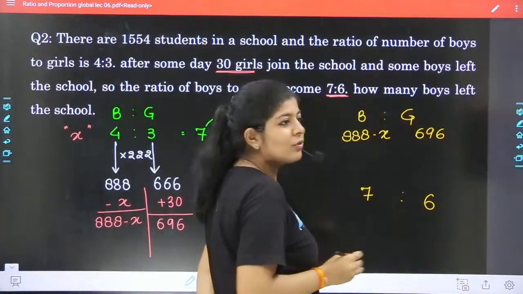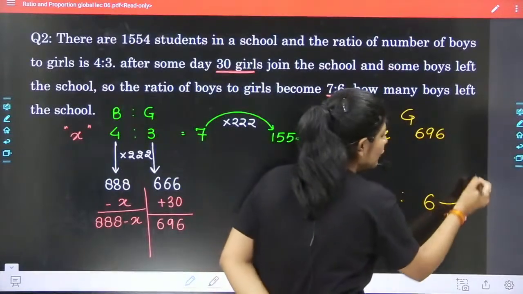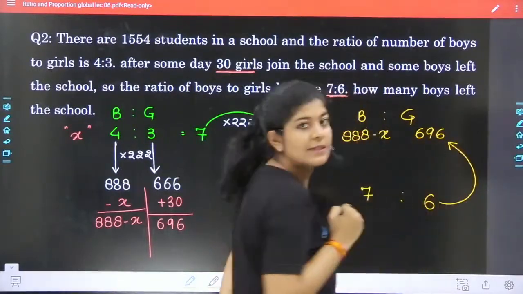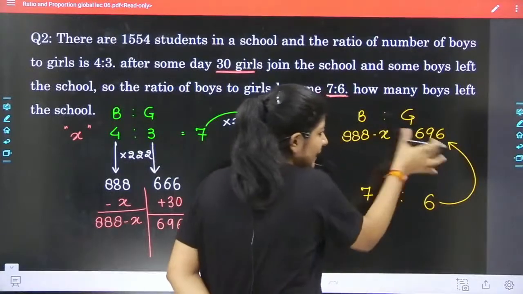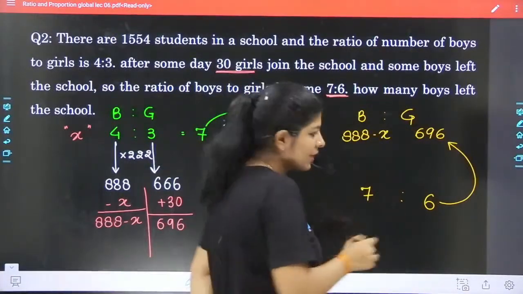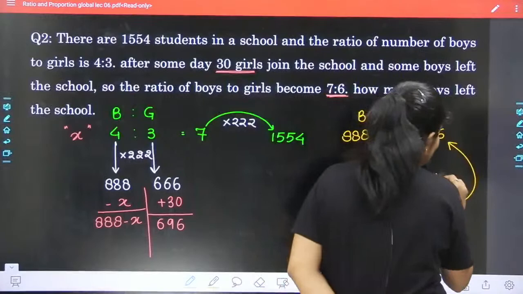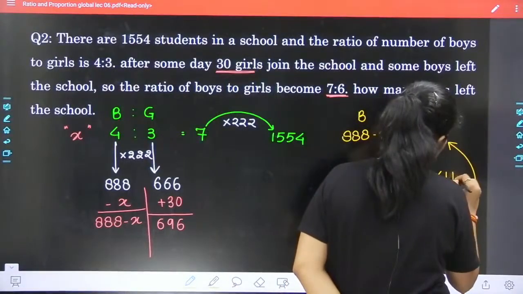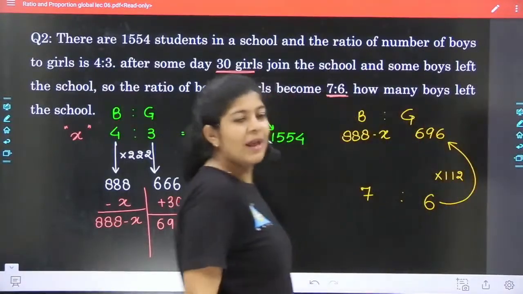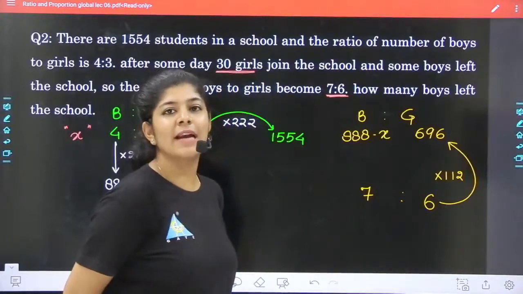Now what I have to do? I have to find out on which multiple this value is present, so that we can make this value in ratio. So when I multiply 6 by 112, I'll get my answer as 696.